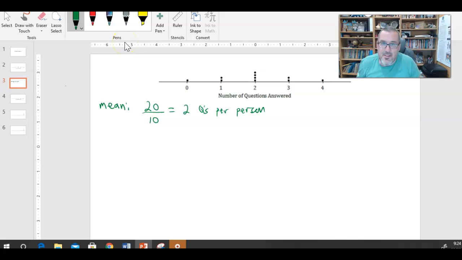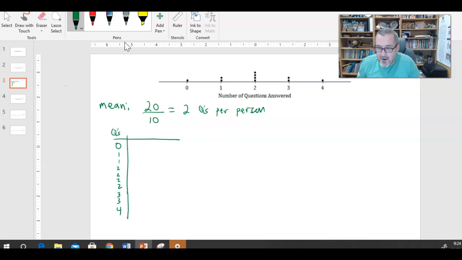Okay, then the next thing we do is figure out how far from the mean each of the data points is. Let's do this in a little table. So the data, the number of questions answered, we had a 0, we have a 1 and a 1. We had 4 twos. We had 2 threes, and we had the 4.